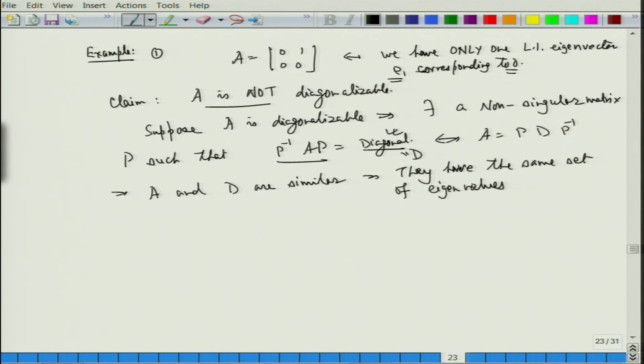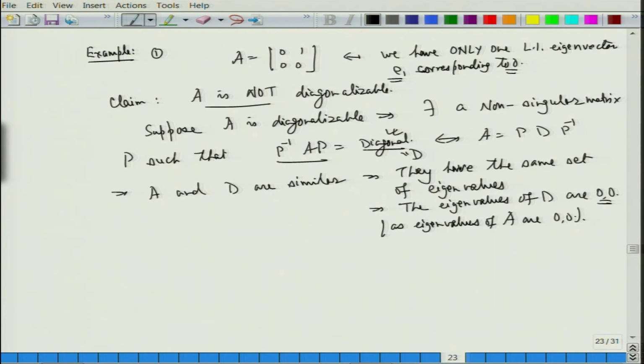What are the eigenvalues of A? The eigenvalues of A are 0, 0, so the eigenvalues of D are 0, 0.